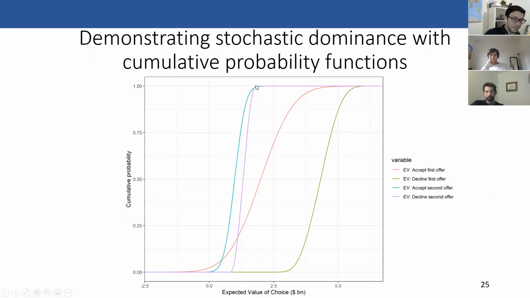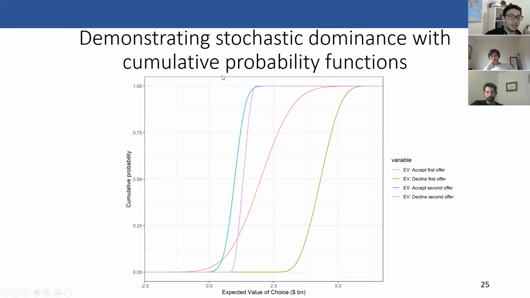But it just so happens in this particular example, the purple and teal lines do cross, and that means that one outcome is not stochastically dominant over the other, which means that there is some set of values at which the probabilities cross, and so we can't say that it's necessarily always better, because here you can see that there is some small area in which accepting the second offer is better than declining the second offer.